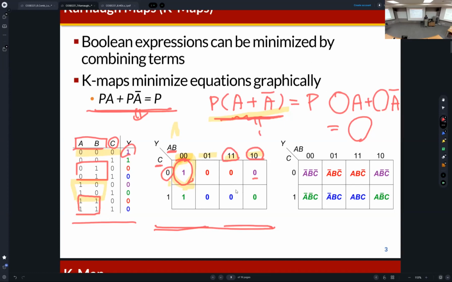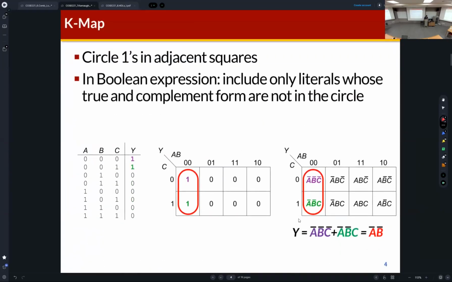So each element of the Karnaugh map represents a min term. Then let's see how to optimize the Boolean equations using the Karnaugh map.